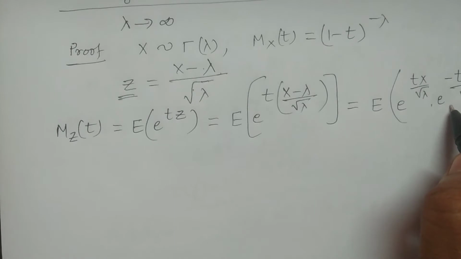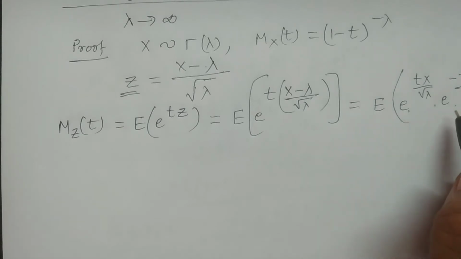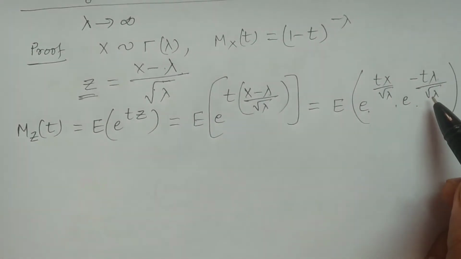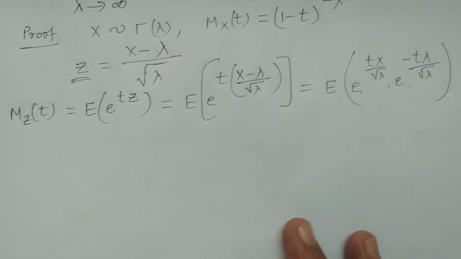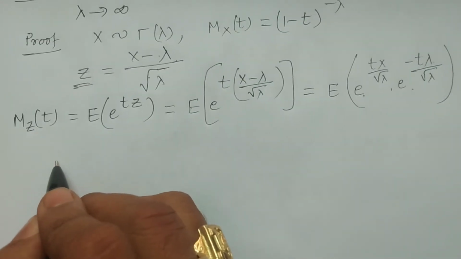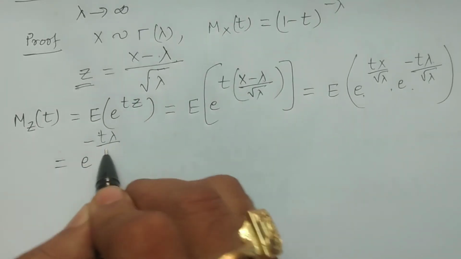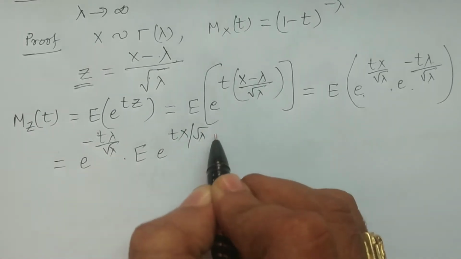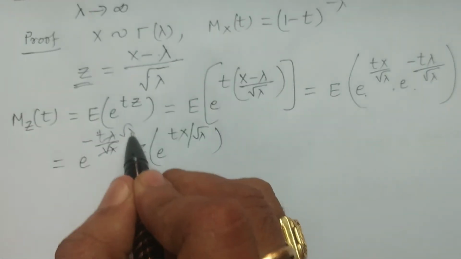We can take e^(-t lambda/root lambda) outside the expectation, since it does not depend on X, because expectation of aX is equal to a times expectation of X. So the moment generating function is e^(-t lambda/root lambda) multiplied by the expectation of e^(tX/root lambda). Here we can cancel root lambda against lambda.